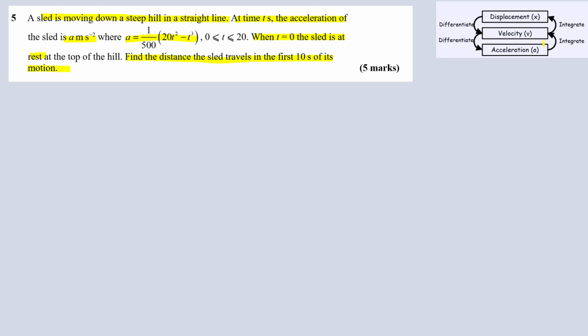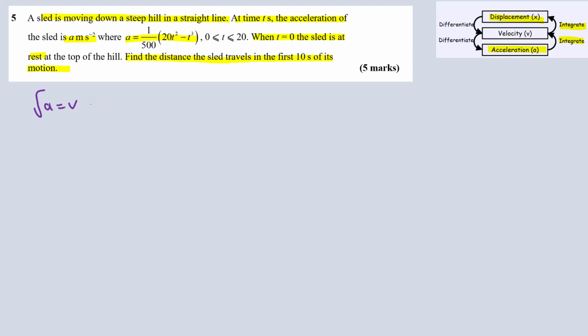Right, now we've got acceleration, we need displacement, so we need to integrate twice. Just earn some method marks, even if we're not sure what we need to do. So you will get a method mark by attempting to integrate this. Now you can, so integral of a equals v.